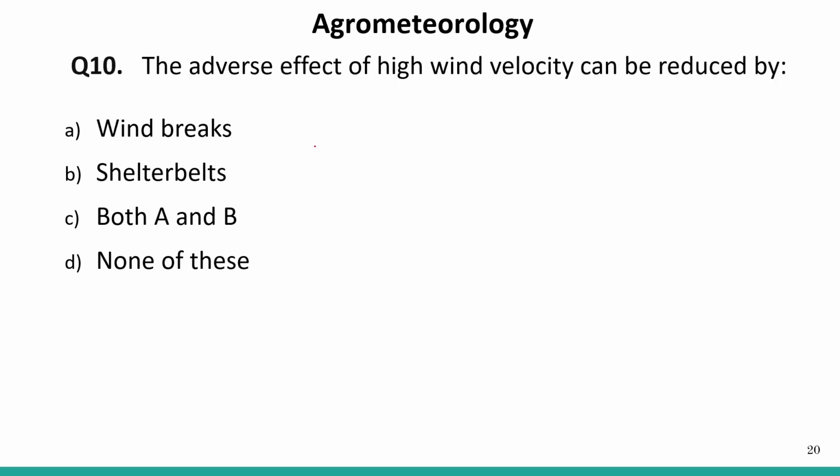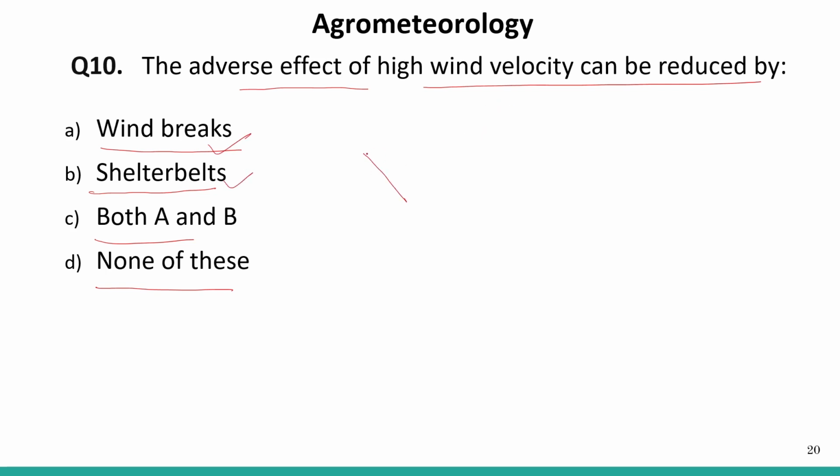Next question. The adverse effect of high wind velocity can be reduced by... So sometimes the wind velocity is so much that it can harm our agriculture, right? It can harm our crop. So what can we do? We can have windbreaks, we can have shelter belts, or both A and B, or none of these. So what are these windbreaks and the shelter belts?